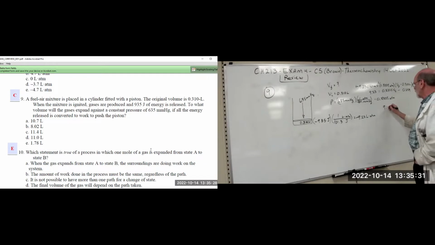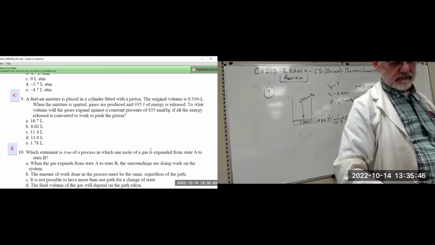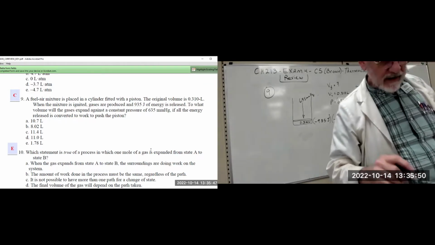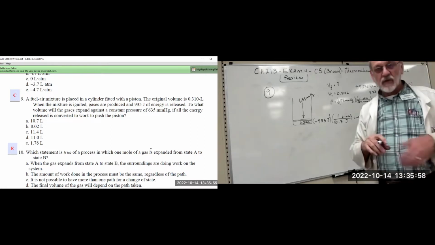So this is 9.49 equals 0.8355 final volume. Now all we have to do is divide both sides by 0.8355. And that's 11.4. So the final volume is 11.4 liters, which is C.